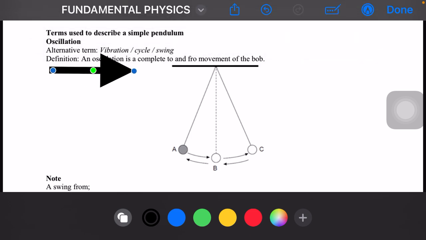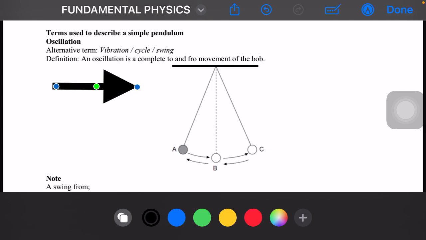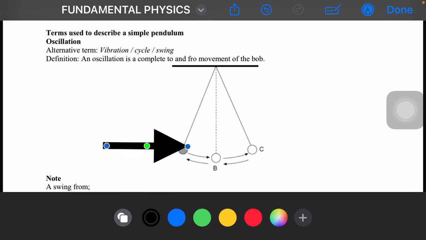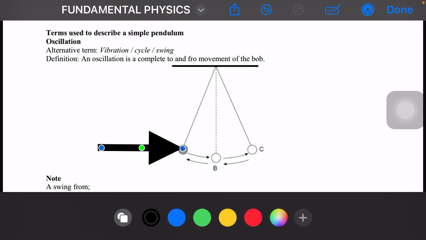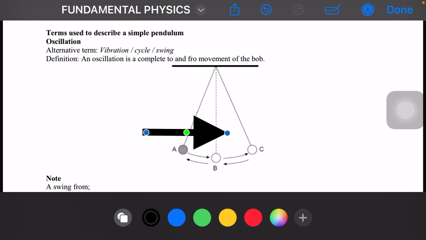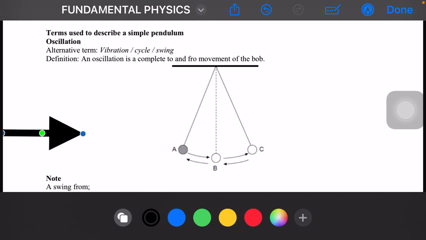An oscillation is a complete to-and-fro movement of the bulb. When I say a complete to-and-fro movement, I'm saying that for the bulb to complete one oscillation, it needs to move from point A to point B to point C, back again to point B, and again back to point A. That's what we call a complete movement of the bulb, in other words, an oscillation.